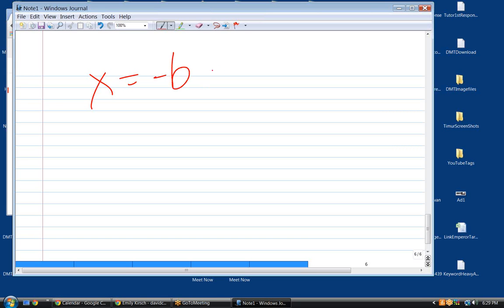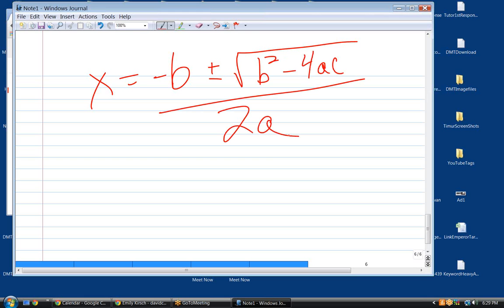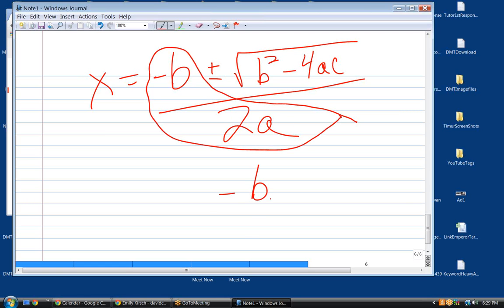Minus b, the quadratic, okay, sorry. Minus b plus or minus the square root of b squared minus 4ac all over 2a. Let me help you memorize this. I consider it made up of two parts. There's the first part. What else is that? Minus b over 2a.